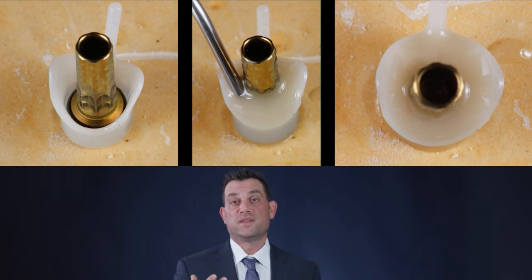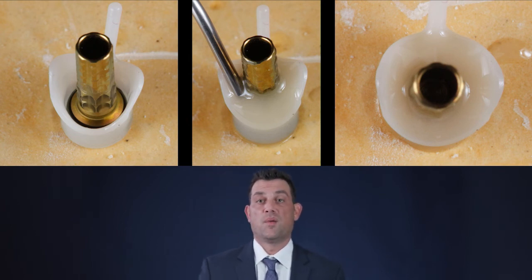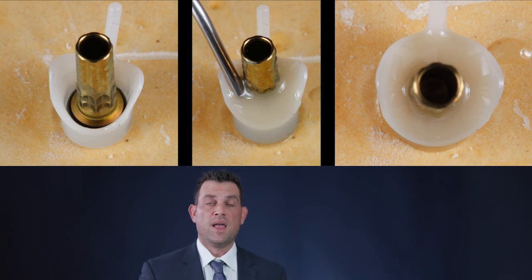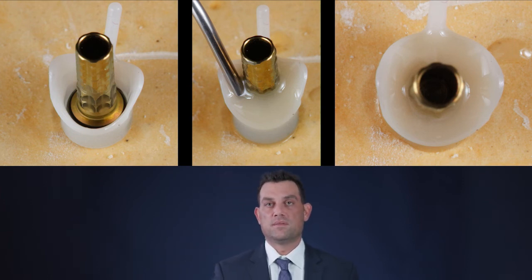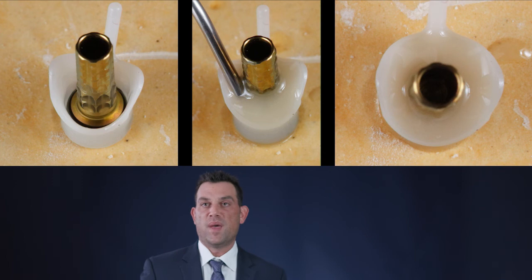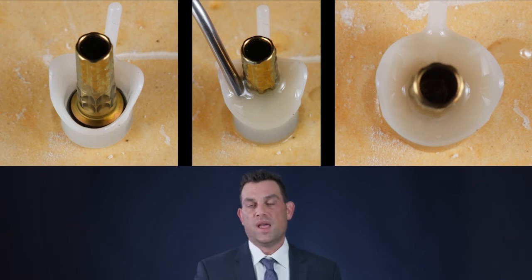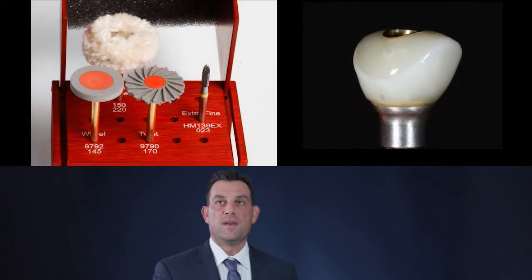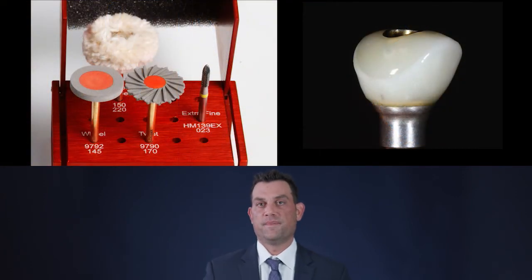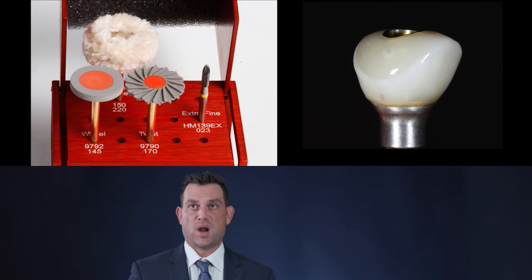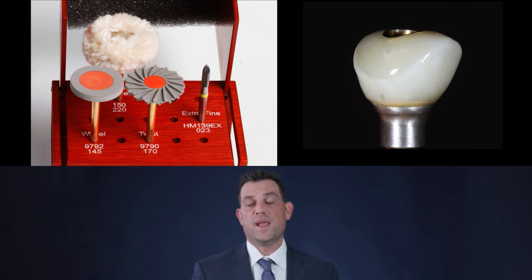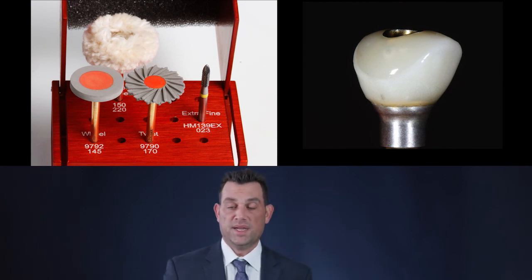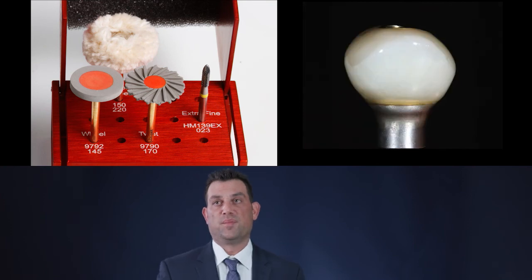This is a very, very simple way to create the appropriate emergence profile and allows you to make some modifications depending on your implant placement. As you can see here, I actually performed this one on the bench top and then spent a good amount of time polishing and creating the proper anatomy for us to be able to deliver this immediate healing abutment at the time of implant placement.